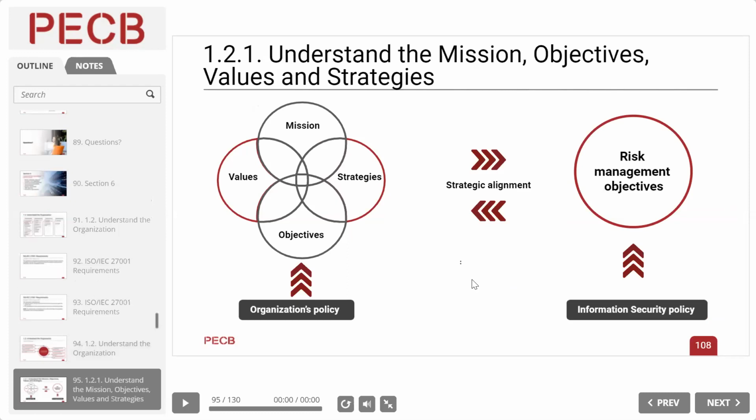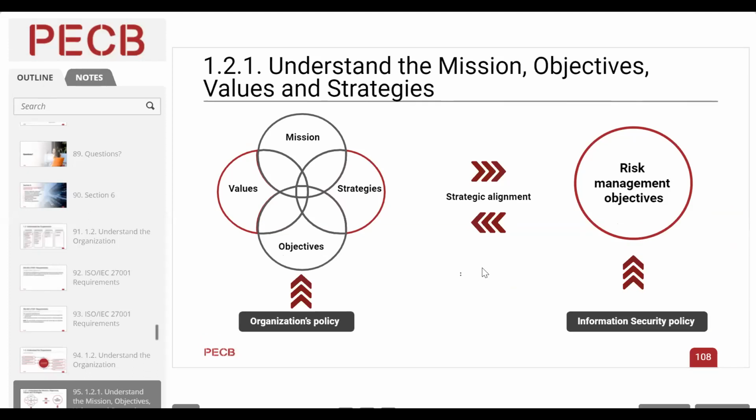Okay, so the first one is we need to understand the strategic direction of the organization. So we need to look at the mission, vision, values, objectives, the risk management objectives, and ensure that all these are aligned.